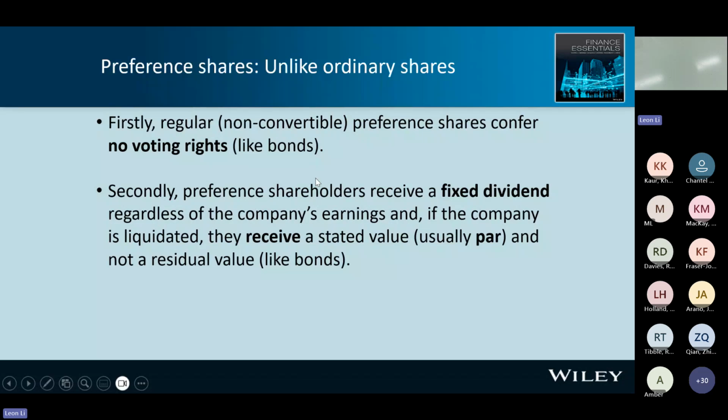So here we want to let you know that preference share has many characteristics like a bond. Bondholders don't have voting right, and bondholders have a fixed payment. Preference shareholders also have a fixed dividend payment, and on the maturity day, preference shareholders will receive a par value payment, like a bond.